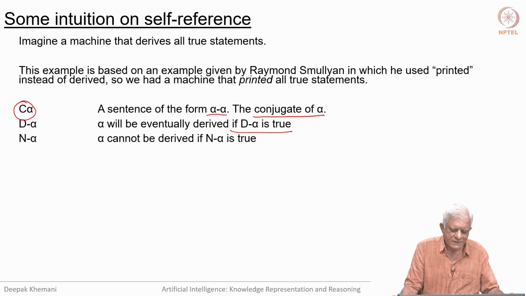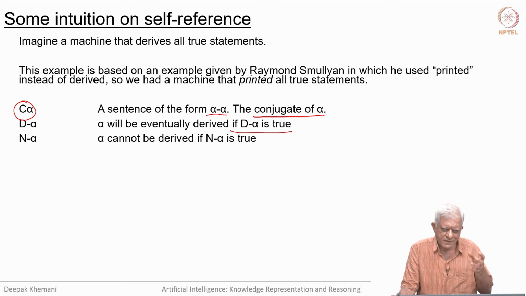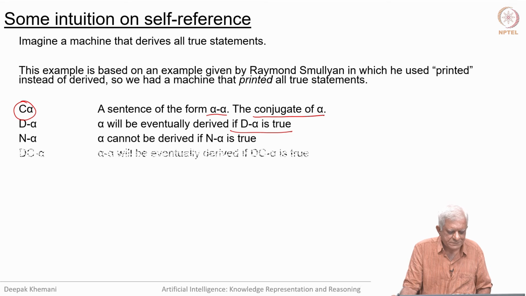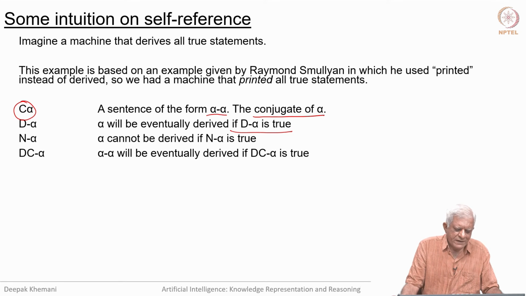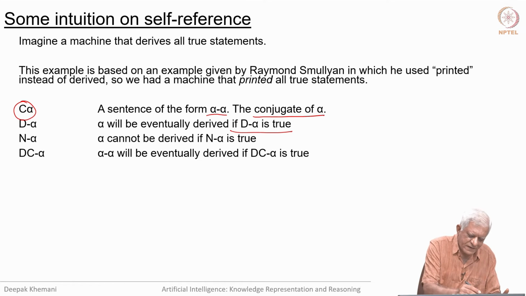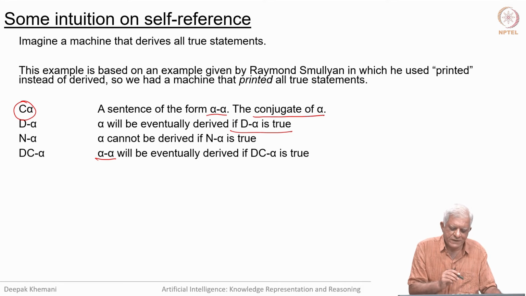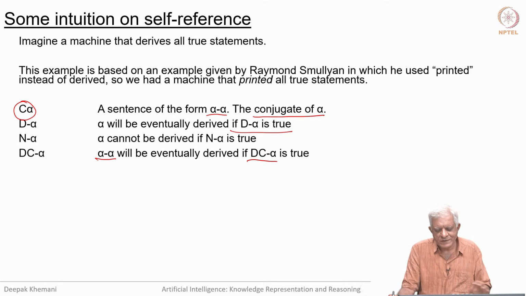Then he says N alpha. It says that if N alpha is true, then alpha can never be derived. It cannot be derived. So, in some sense you can see that it is talking about which sentences can be derived and which sentences cannot be derived. Then he says DC alpha: the conjugate of alpha, that is alpha hyphen alpha, will eventually be derived, derivable or printable as he said, if this sentence DC alpha is true.